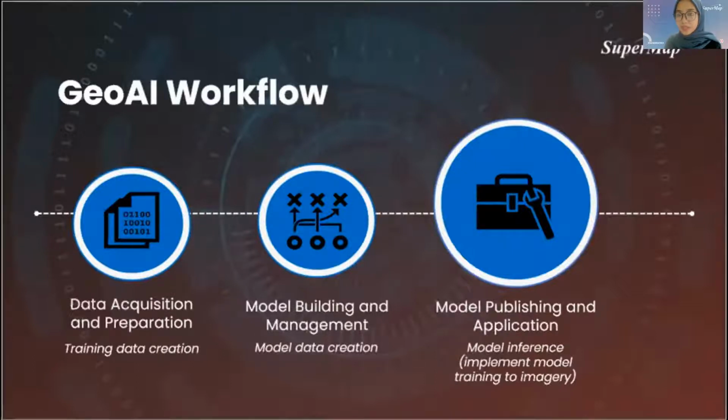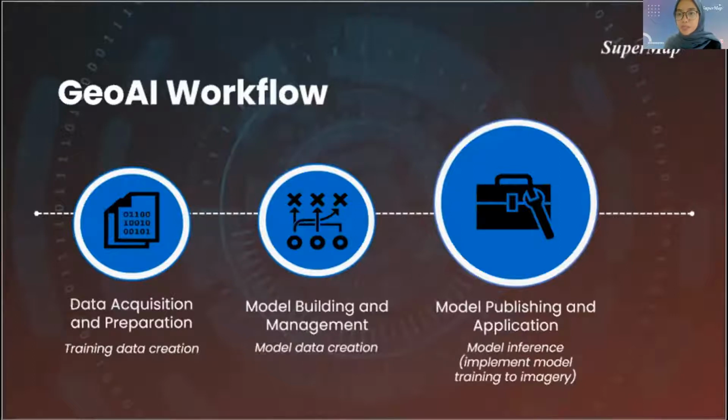So you need to create the training data and then fill in some parameters to create the model based on your training data. And as you obtain the optimal parameters of your model, then you can run inference with your model on your imagery data, and finally you will obtain the result.